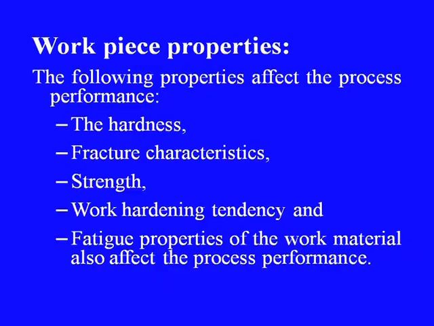These things are very important as far as the characteristics of the abrasive slurry is concerned. As far as the workpiece properties are concerned, the following properties affect the performance: the hardness, fracture characteristics, strength, work hardening tendency and fatigue properties of the work material. These are some of the parameters that affect the process performance.